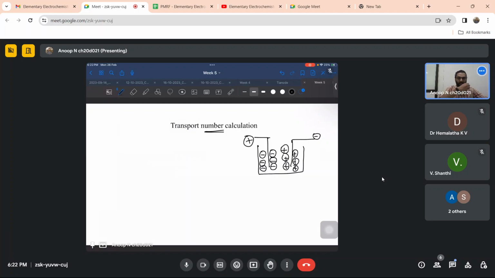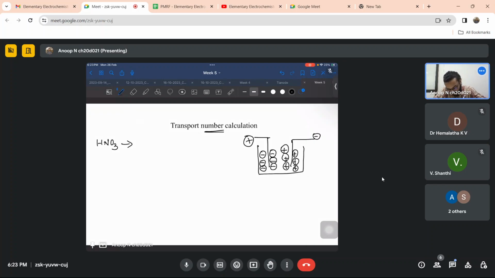So this movement depends upon multiple factors. Suppose we take HNO3. The transport of ions will depend upon multiple factors.